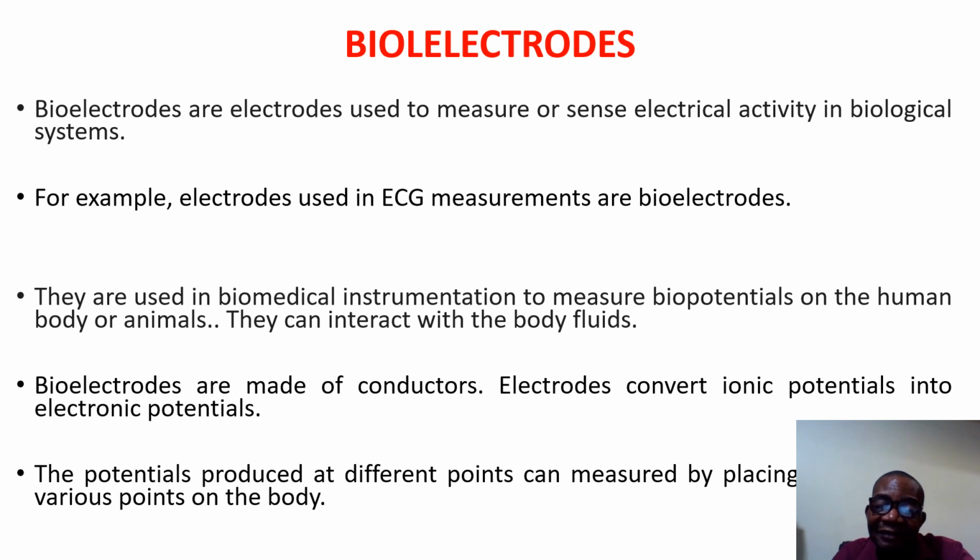Now, the currents we are talking about are electrical currents in humans, which are usually low voltages in the range of microvolts and millivolts. So bioelectrodes are capable of measuring these low voltages and currents and sending the signal to the medical device that is trying to conduct the test. The potentials that are produced at different points can be measured by placing bioelectrodes at those specific points that we want to measure the signal from.